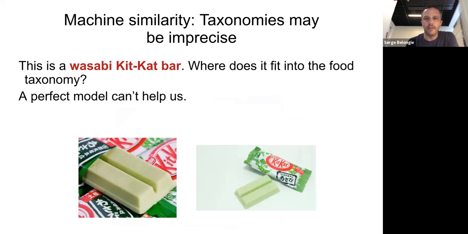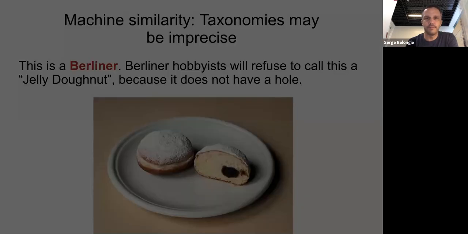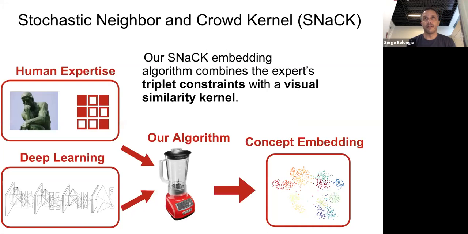It's unlikely that you would have that as one of your known categories in advance. There are other examples where almost the same item of cuisine can pop up in completely different cultures and end up with different names. So what this brings us to is an algorithm that we call SNaC, which stands for Stochastic Neighbor and Crowd Kernel.